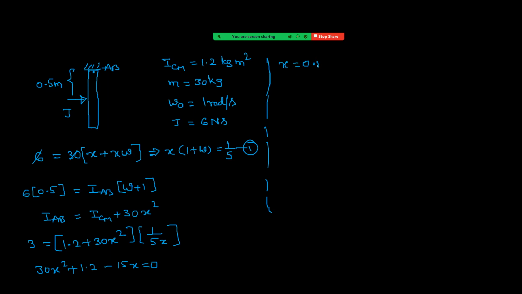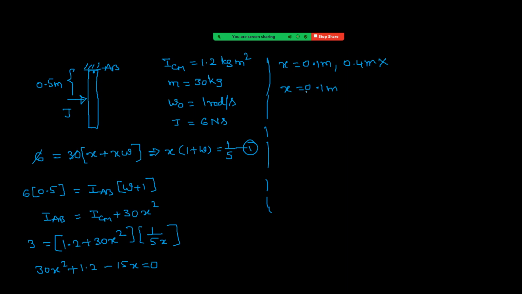One is 0.1 meter, the second is 0.4 meter. For 0.4 meter, omega comes out to be negative, so this is not taken, because omega cannot be negative, as this is a modulus value. That means the x value is 0.1 meter.